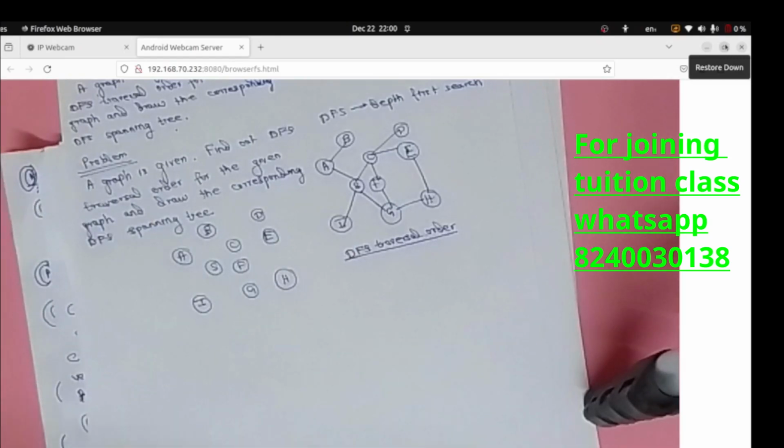When there is a pop operation, we do not move forward; rather we move backward, backtracking from the current vertex to the previous vertex.